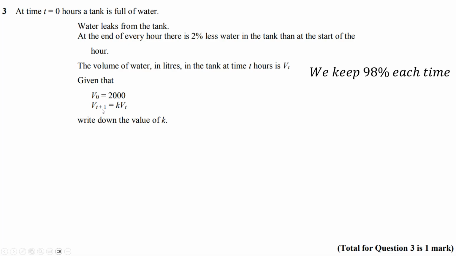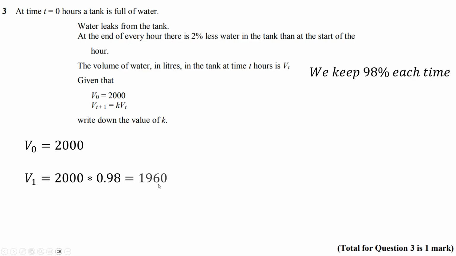Well, the next hour equals the hour previously multiplied by K. So 2,000 multiplied by K gives you this. So at 0 hours we have 2,000, and then the next hour we only keep 98%. So this as a multiplier is 0.98. So we do 2,000 multiplied by 0.98.